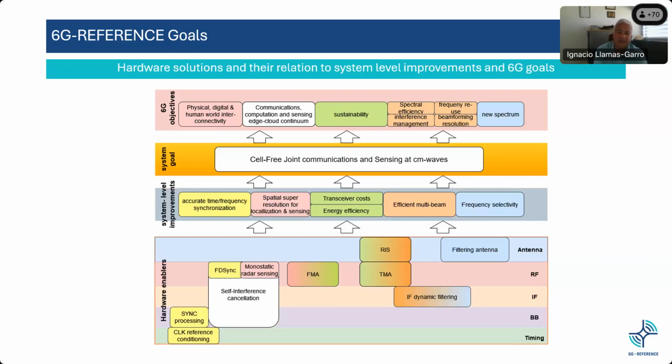In particular, 6G reference addresses 4 main challenges. 1, the need for low cost and low power consumption. 2, accurate time and frequency synchronization between radio units enabling coherent transmissions. 3, the reuse of the same hardware for communications, sensing, and localization. And 4, the coexistence with other services in the 10 to 15 gigahertz range.